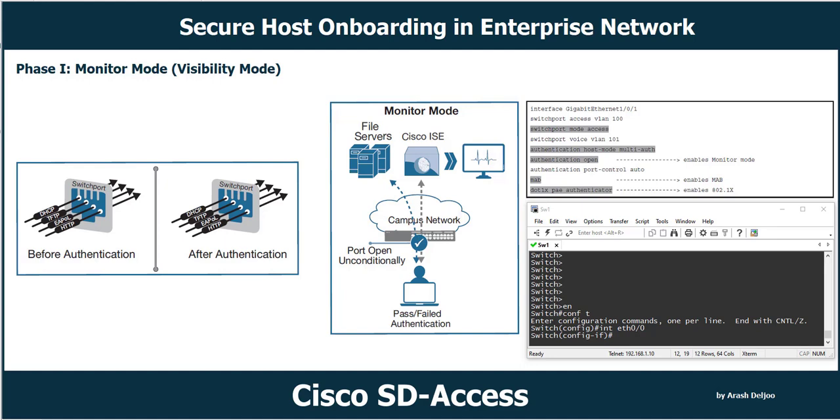This mode provides visibility into the types of devices connecting to the network. It also lists users who successfully authenticate, that is, present valid credentials, and users who fail authentication, that is, present invalid credentials.